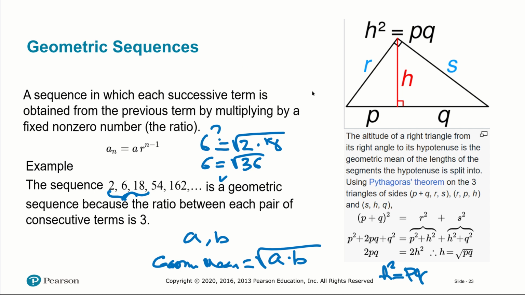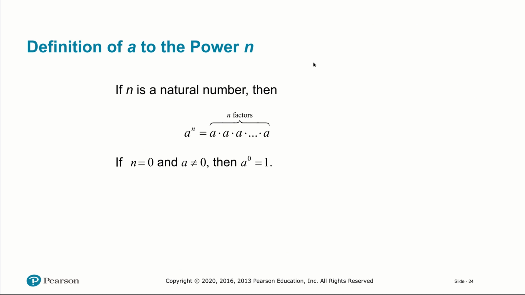Make sure to get comfortable with this concept and absorb it before we proceed. All right, before we go on, I want to quickly remind you of what the definition of a to the power of n means. All that means, remember, is basically use a in a product n many times.